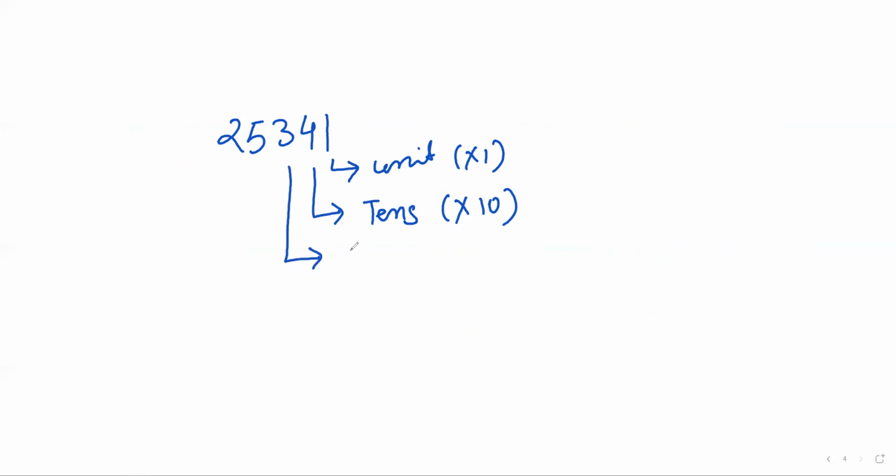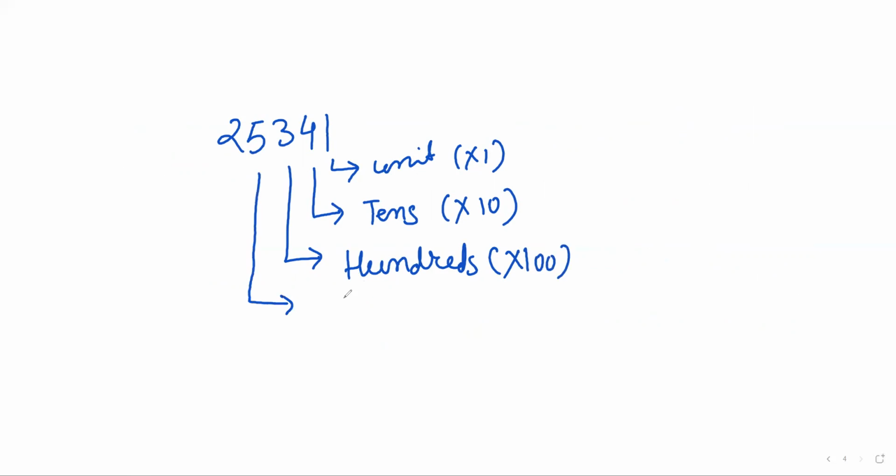Consider 25,341. Here the 1 is placed at unit place, so it is multiplied by 1. This 4 is placed at tens place, therefore multiply it by 10. Here 3 is placed at 100 place, so multiply it by 100.